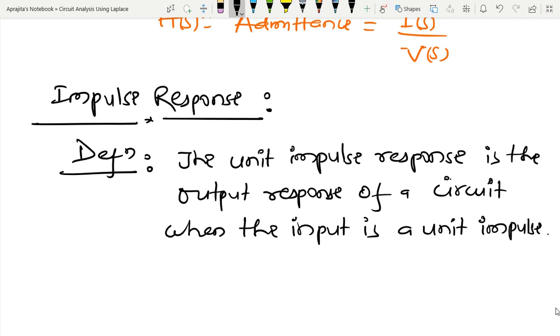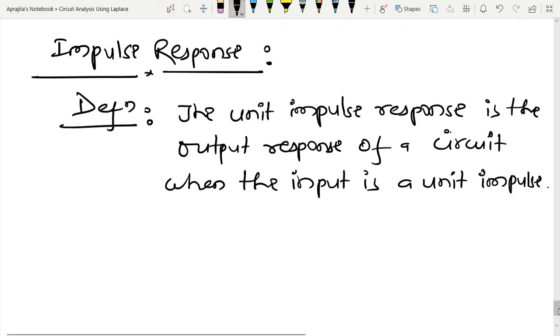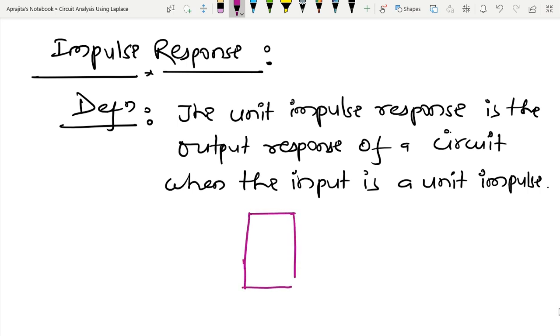It means that, if I try to see the interpretation of this definition, suppose I have a system, so here I have an electrical circuit or mechanical circuit, whatever, that doesn't matter.